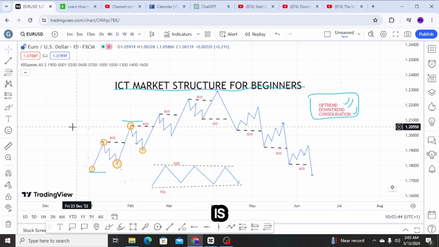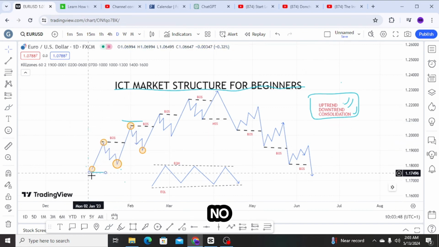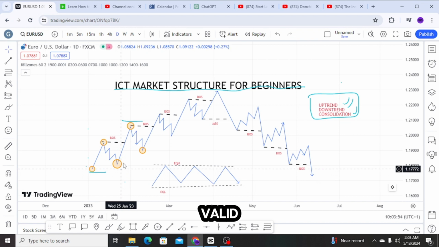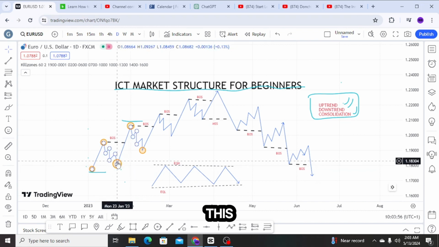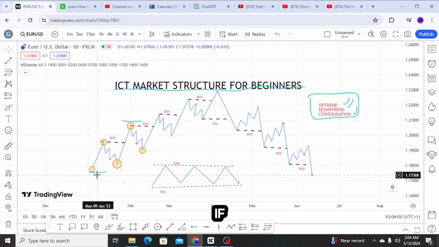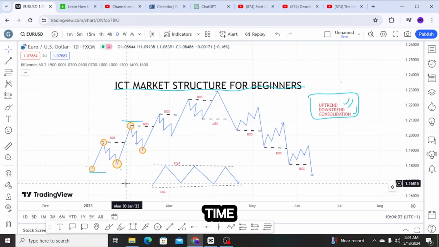The reason you fail is that this particular high here has been broken, so there is no need to use this low here as your low. This second low here becomes your valid low. So if you start from here, you are making a mistake. That's why most of the time you are not getting an entry, because you don't mark out your structure very well.